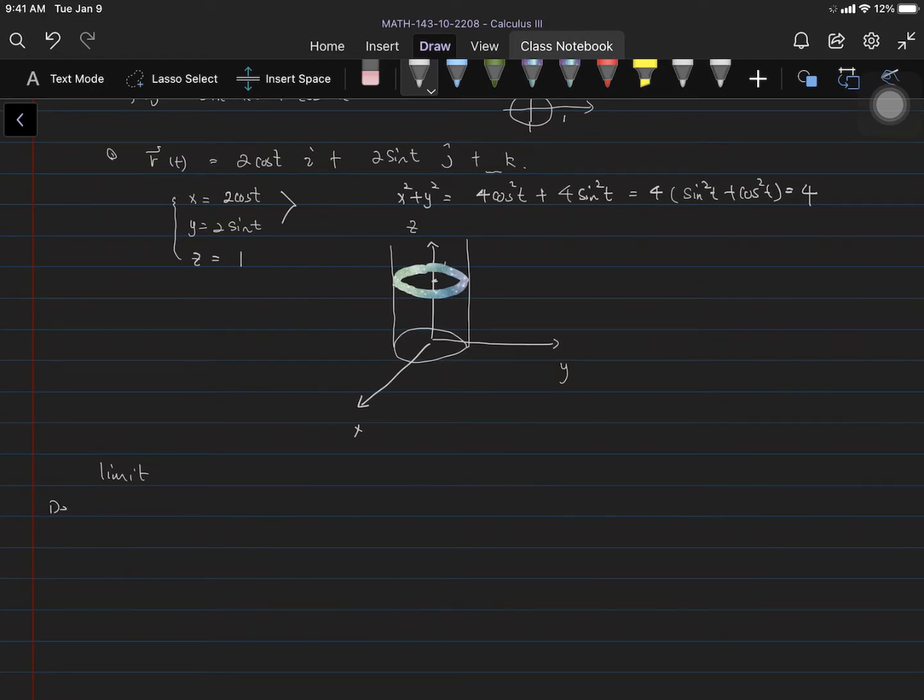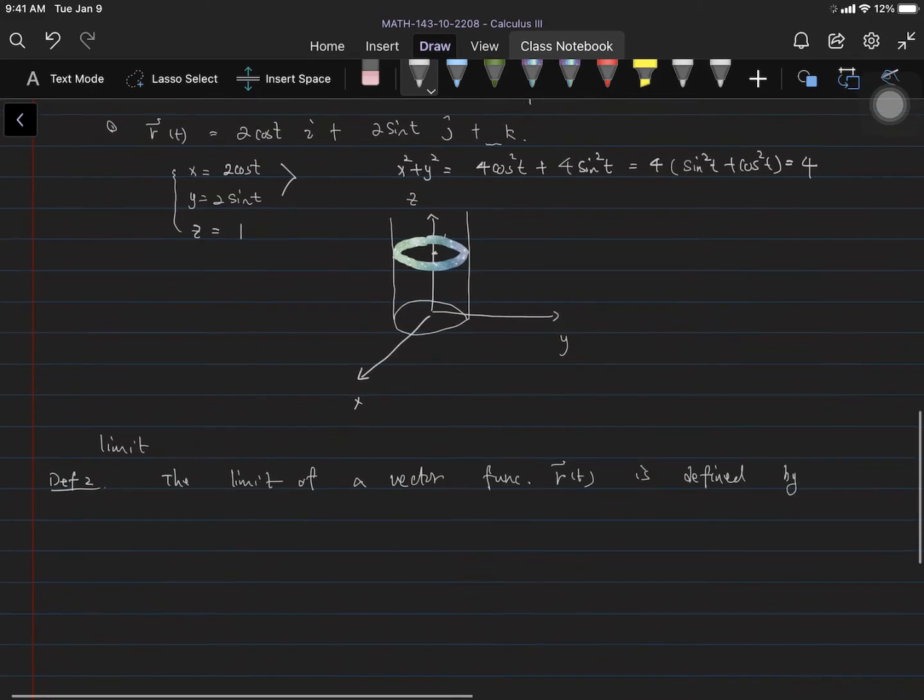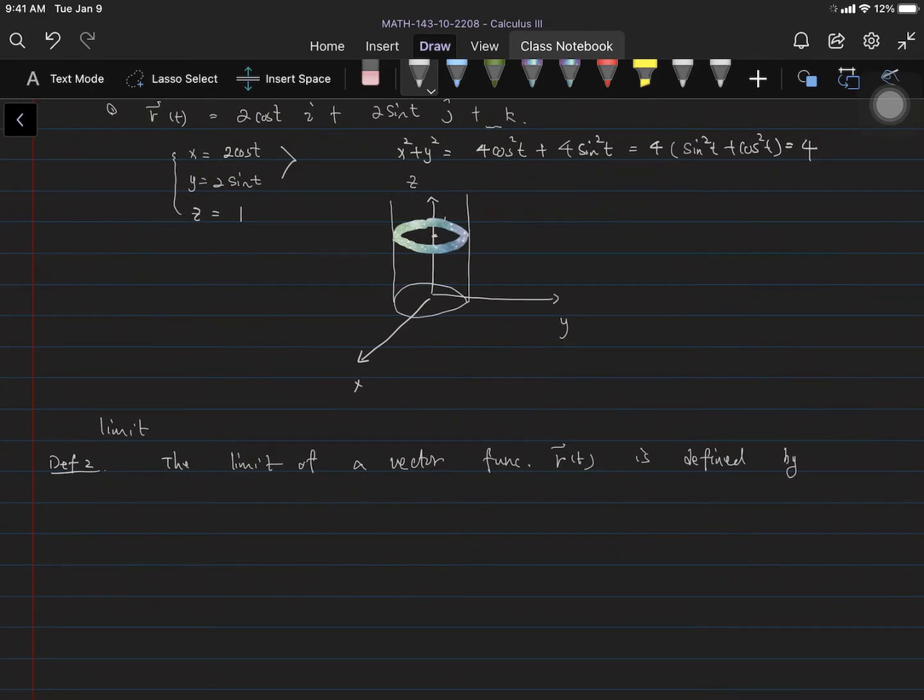Let's take a look at definition 2. The limit of a vector function given by r(t) is defined by just taking the limit of its component functions.